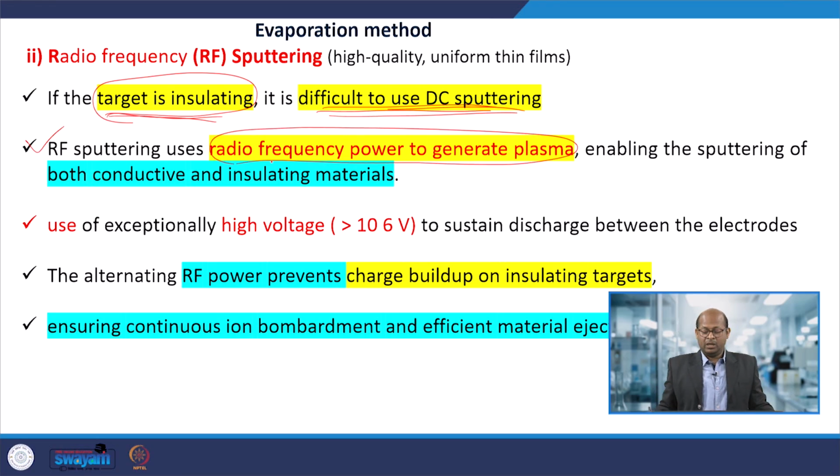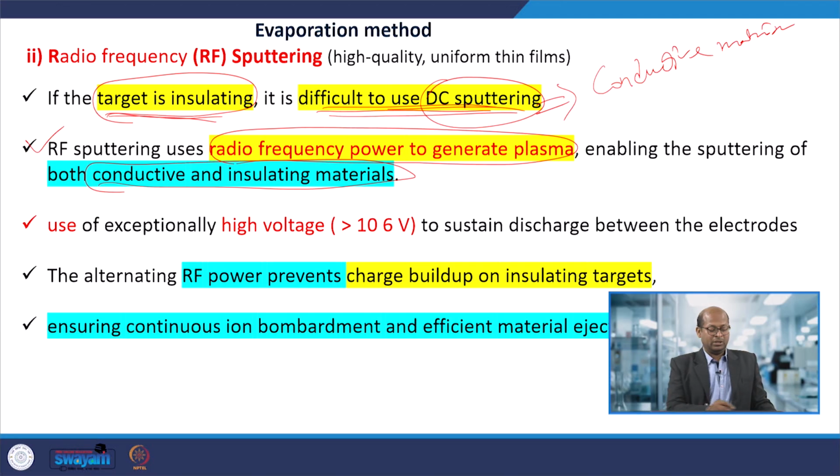So, that is particularly useful, and radio frequency can be used for both conductive and insulating materials, whatever type of material we can use with RF sputtering, but DC sputtering only if conducting materials are there. Okay. So, DC only for conductive materials, or radio frequency for both conductive and insulating.